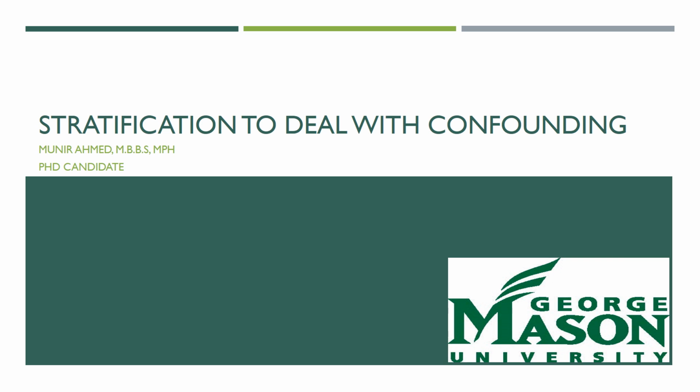In this video, I will be talking about stratification to deal with confounding, which is one of the major challenges in observational studies and has been for a long time, though there are many areas that are developing to address that issue in observational study design and research.